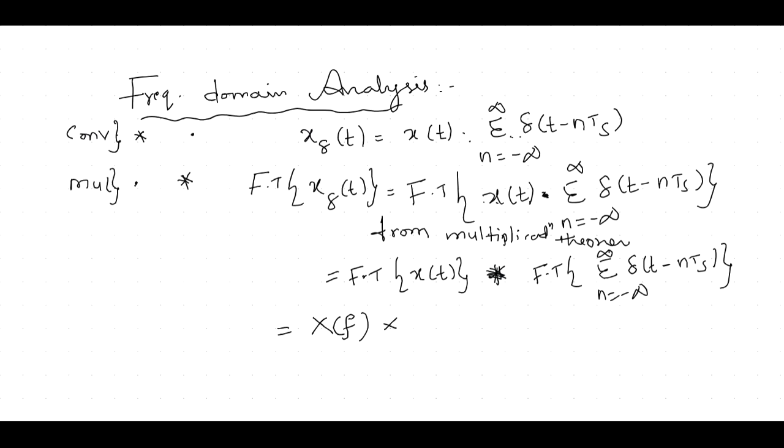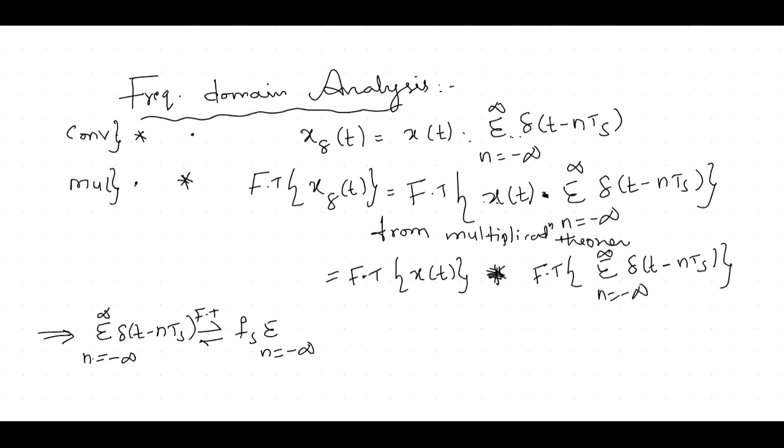Just a minute. Important point, this. Make a note of it. Summation n equal to minus infinity to infinity delta of t minus nTs. Its Fourier transform is fs into summation n equal to minus infinity to infinity.